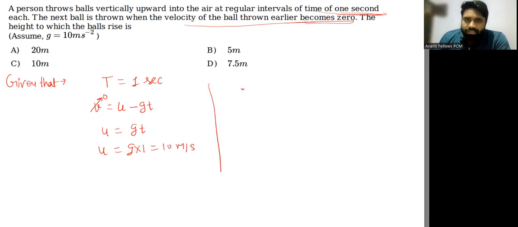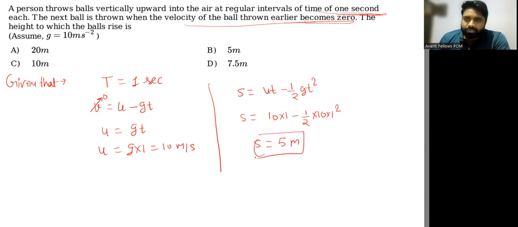Now s = ut - 1/2 gt². S = 10 into 1 minus 1/2 times 10 into 1 squared, which gives s = 5 meter. So this is an easy concept in this question.